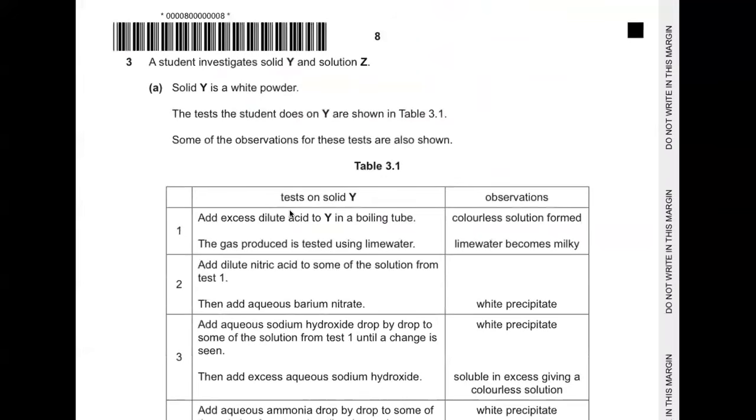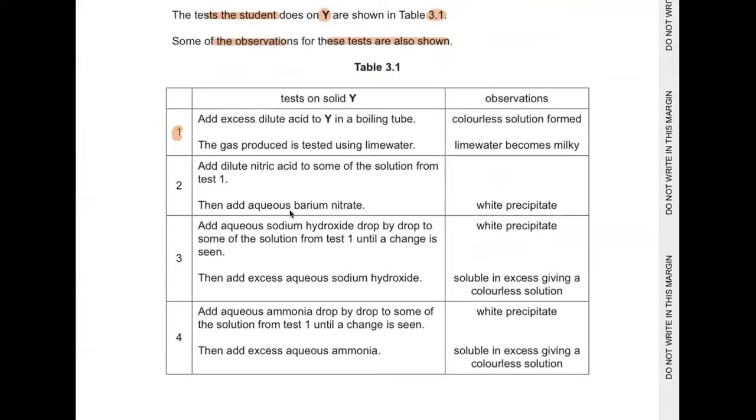Now, question number 3. A student investigates solid Y and solution Z. Solid Y is a white powder. The tests the student does on Y are shown in table 3.1. Some of the observations for these tests are also shown. In test 1, excess dilute acid is added to Y in a boiling tube, and the gas produced is tested using lime water.